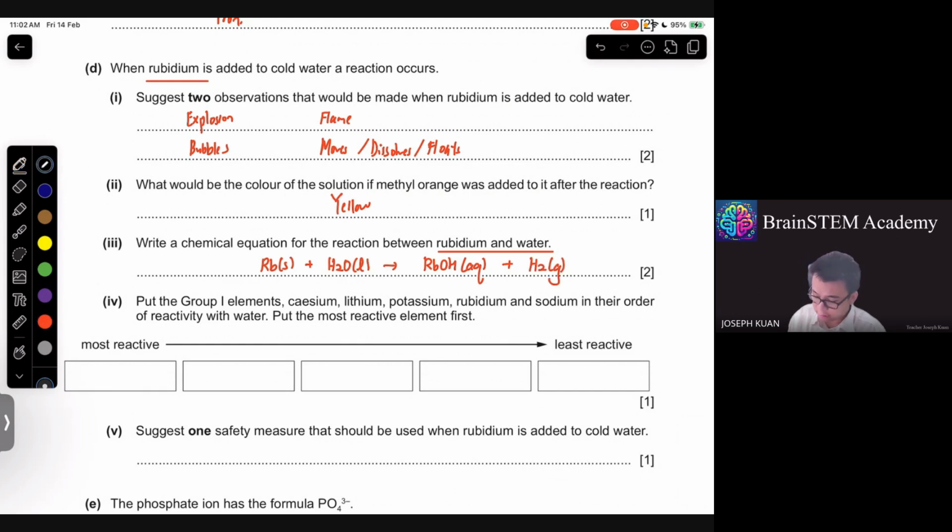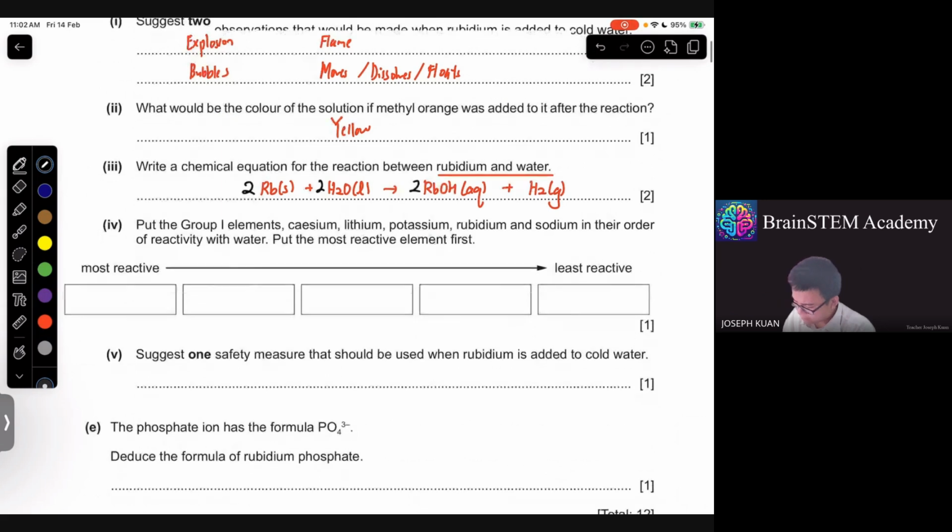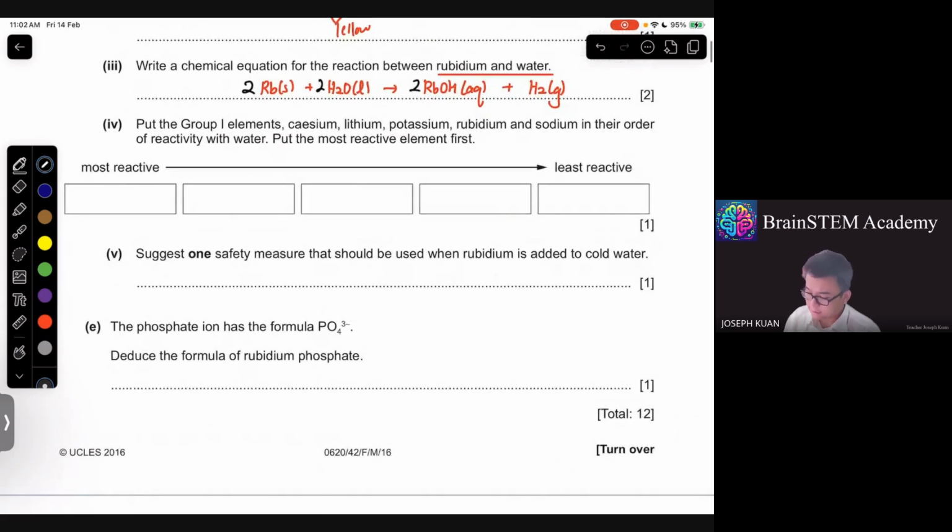To balance the equation, there should be 2 water, 2 rubidium, and 2 rubidium hydroxide. Next, put the group 1 elements, caesium, lithium, potassium, rubidium, and sodium, in their order of reactivity with water. Put the most reactive element first.